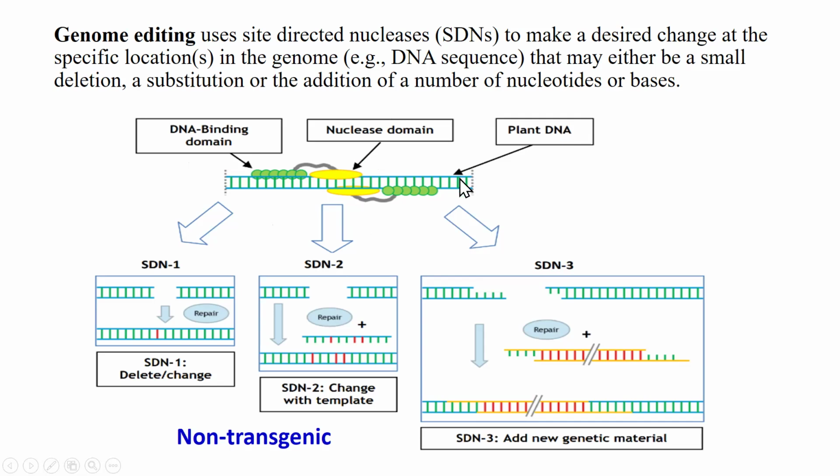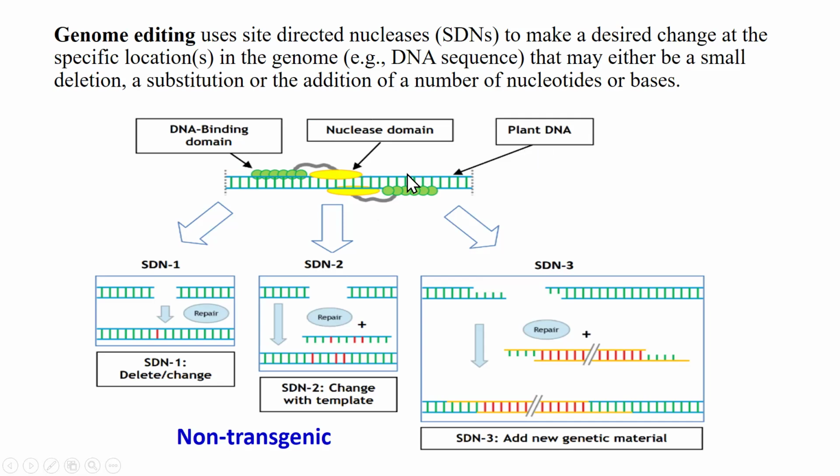I'm showing you how plant DNA can be edited. So we make a construct using a DNA binding domain like guide RNA and a nuclease domain like the CRISPR-Cas system. And then you allow this construct to interact with the cell.